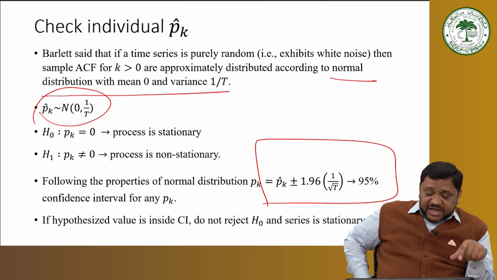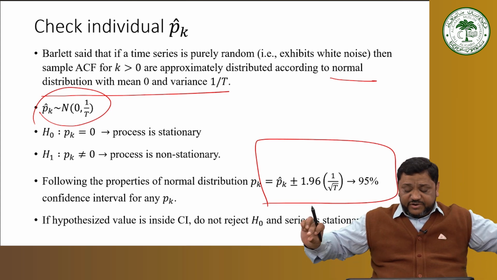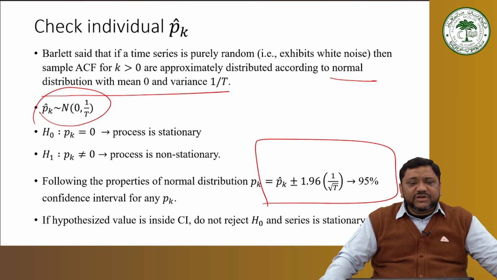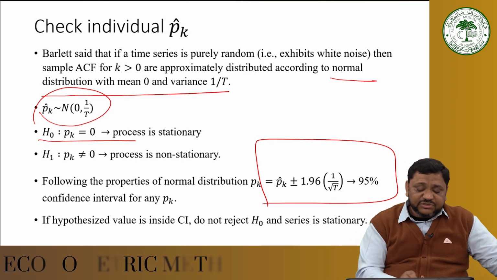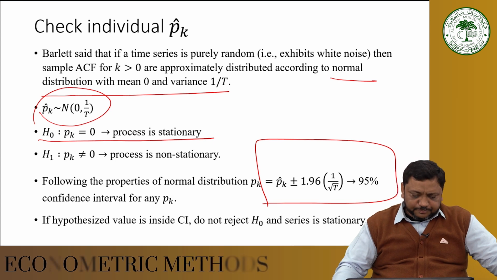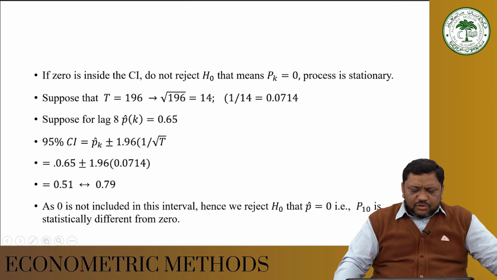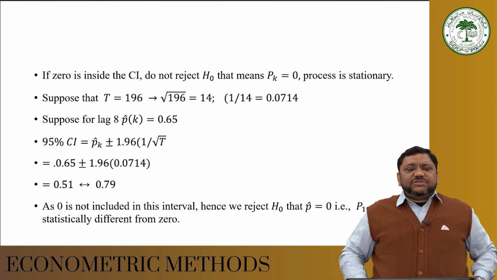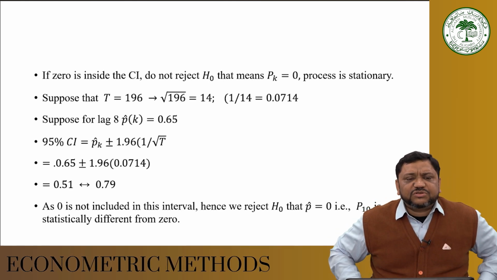If the hypothesized value is inside this confidence interval, we do not reject H naught, which means we accept H naught, and H naught says our series is stationary. So if 0 is inside this confidence interval, the process is stationary.